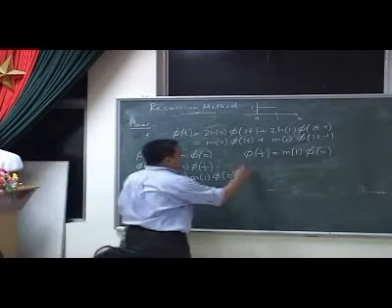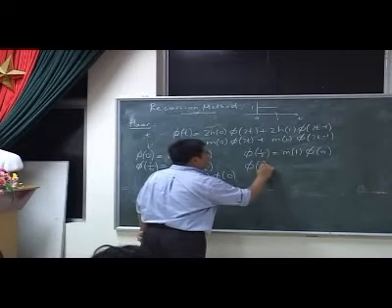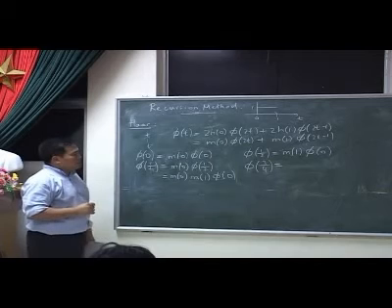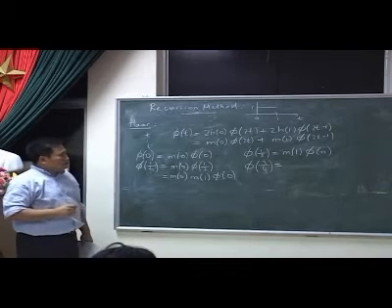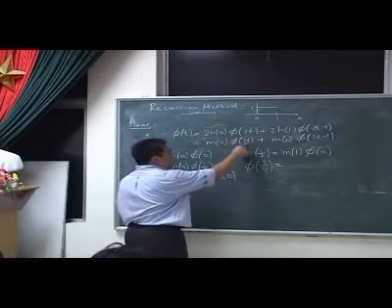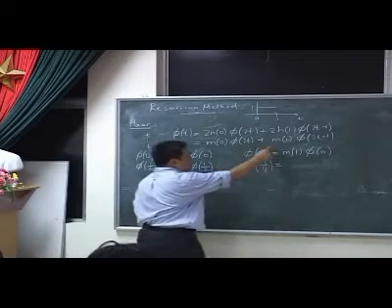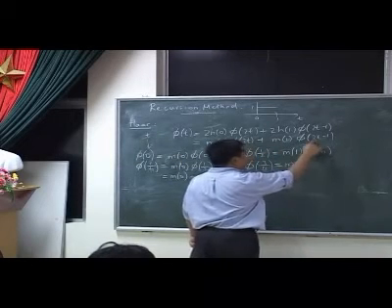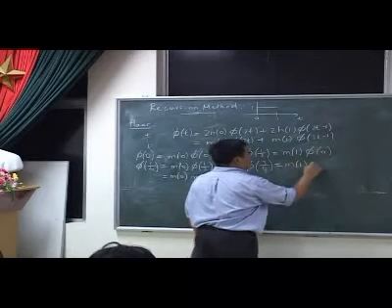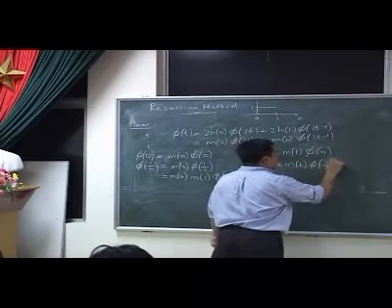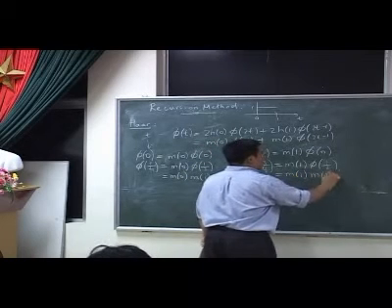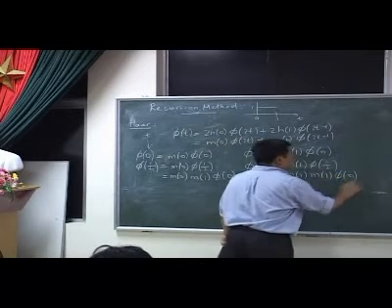Or phi of 3/4. 3/4 is in between, so that's 0. It'll be M1. Phi of 3/4, that's 3/2, that's 1/2. Right? So that's M1 and phi of 0.